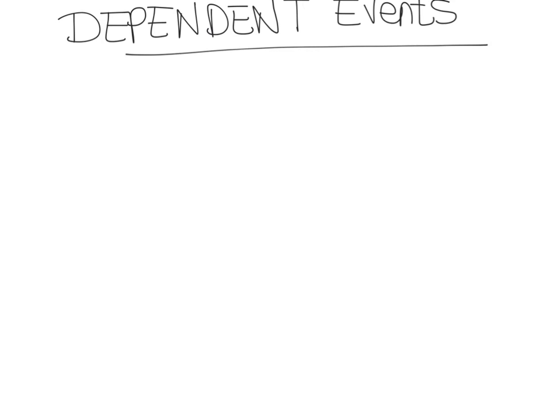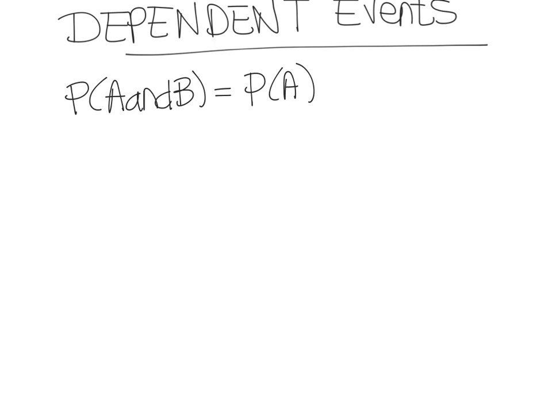So in this case, we want the probability of A and B to be equal to the probability of A, that the first event happens, times the probability of B. So far it's looking very similar to independent, but this time the probability of B has to be calculated with the understanding that A happened first. So that's what we call a conditional probability. This right here is a conditional probability.